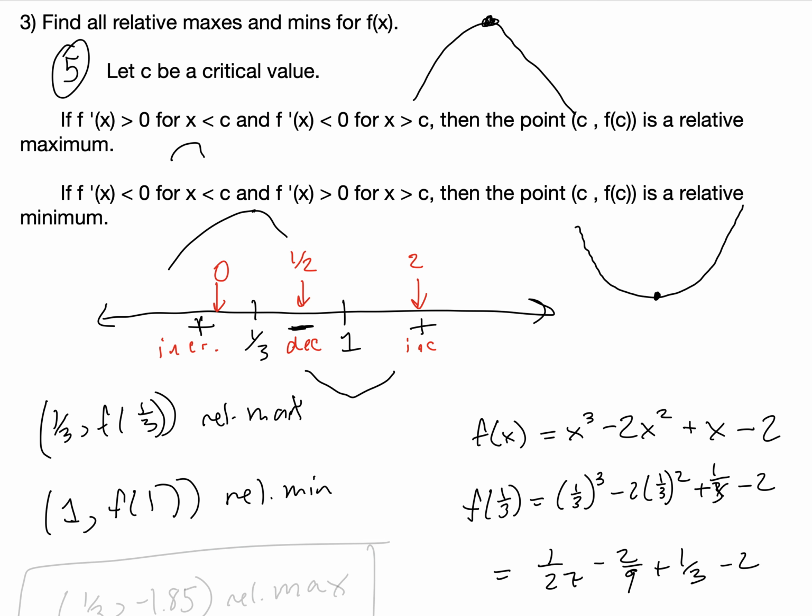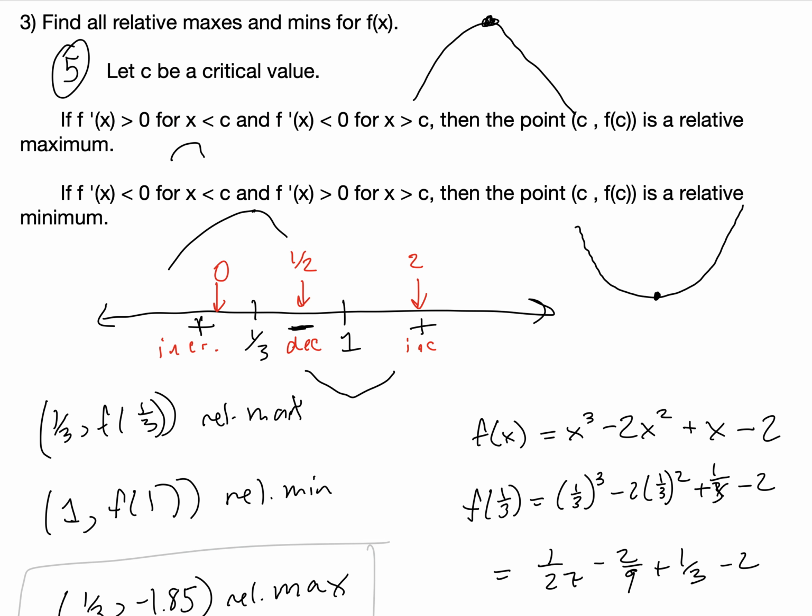And then we can simplify that. We could get a common denominator there and find an exact fractional answer, but I'm just going to use a calculator to simplify to get negative 1.85 as that value. So we have (1/3, negative 1.85) is a relative max. So that's a relative maximum.